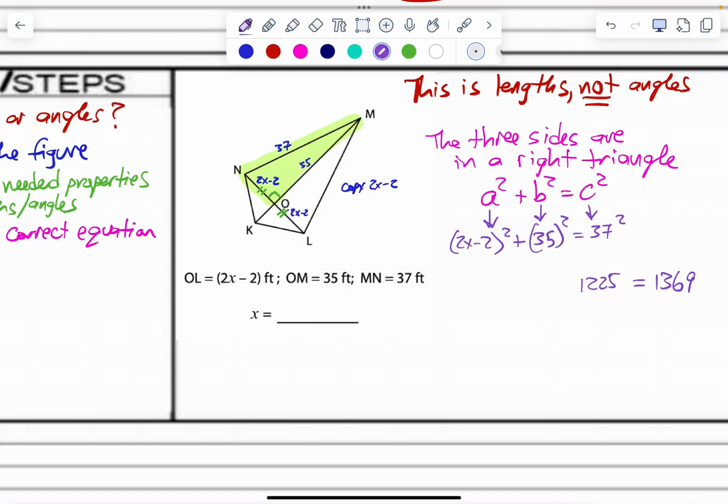What does squared mean? Yeah, this is times itself, right? So it's this, 2x minus 2 times 2x minus 2. And so the 4x squared plus 4 is true, but we have a middle term actually in the middle of that. So we get 4x squared and then minus 8x plus 4.